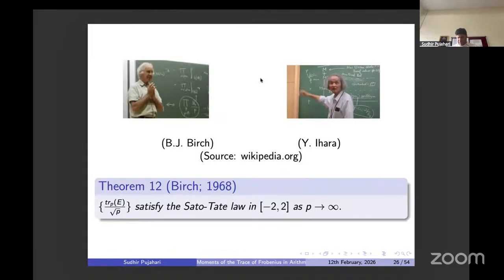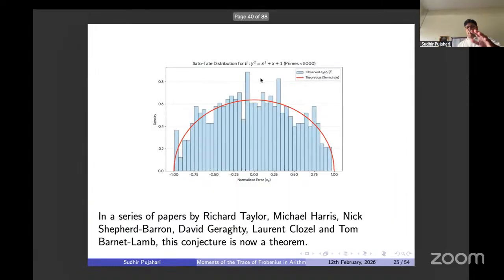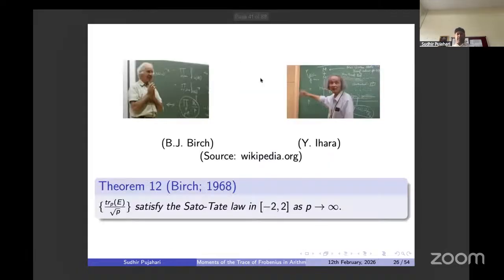For today's talk, I'm not going to talk much on this setting, but we'll shift ourselves to the finite field setting particularly. After the conjecture, one of the major developments was due to Birch, and he restricted to elliptic curves over the finite field F_p.